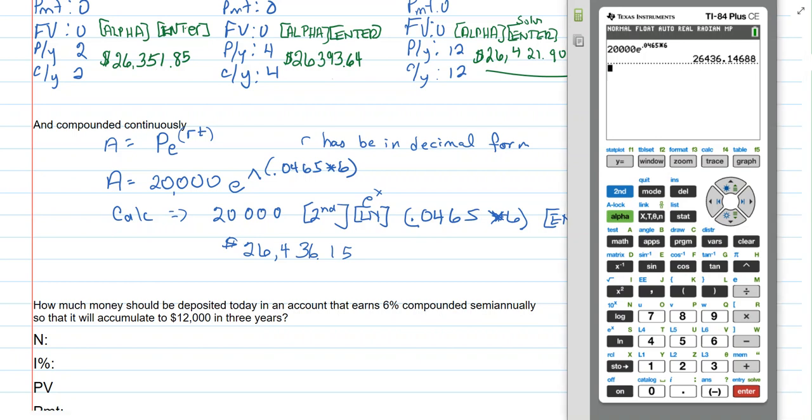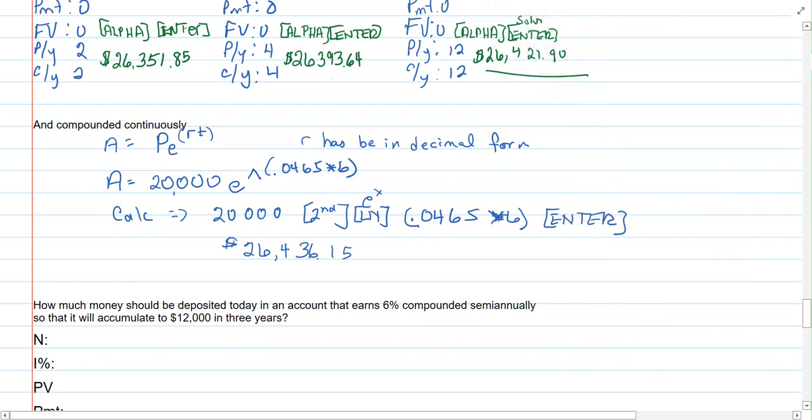All right. So, which is the better investment? 26,421, 26,436.15. So we can see that the investment of continuous compounding is the best choice.